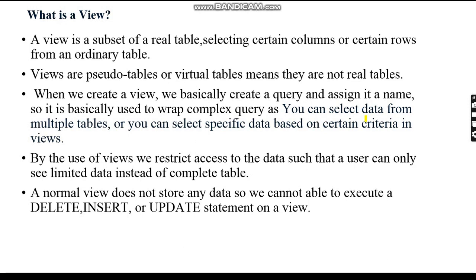Needed columns will be taken instead of the entire table being shown to the user. In this way it is going to restrict the database, or we can say it is going to provide security by providing limited access to the user. Instead of showing the entire base table, it is showing only limited things from that particular table.